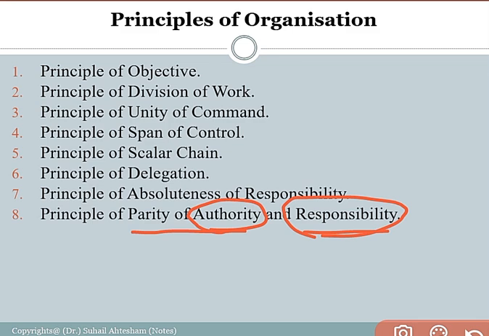And if the manager has to take the work with the subordinate, then there must be proper delegation of authority and responsibility, and that employee must be accountable for doing the particular work in the organization by providing these authorities and responsibility by the manager, right?